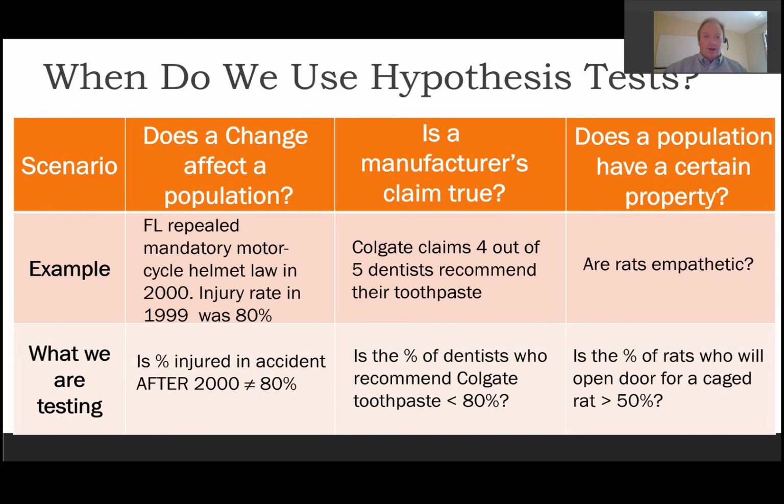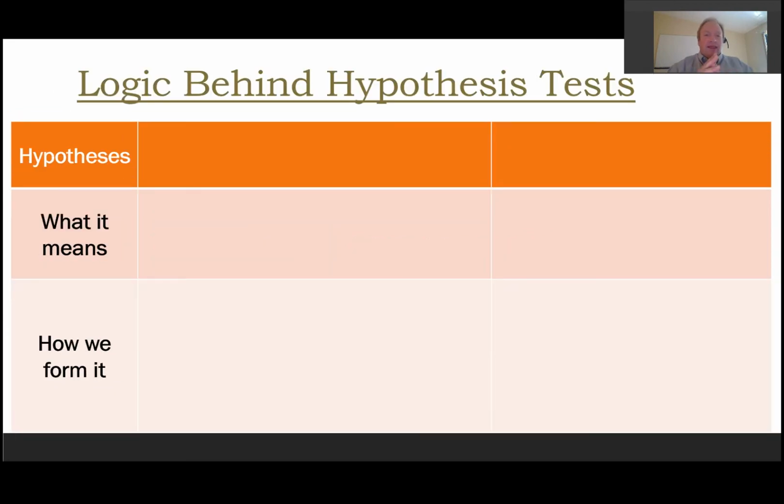All right, so let's try to understand the logic behind how a hypothesis test works. We start off with two competing hypotheses. The first is called the null hypothesis. And we denote that by H for hypothesis and subscript 0.